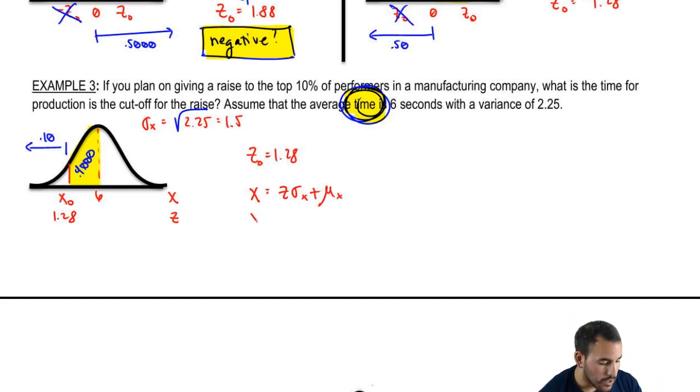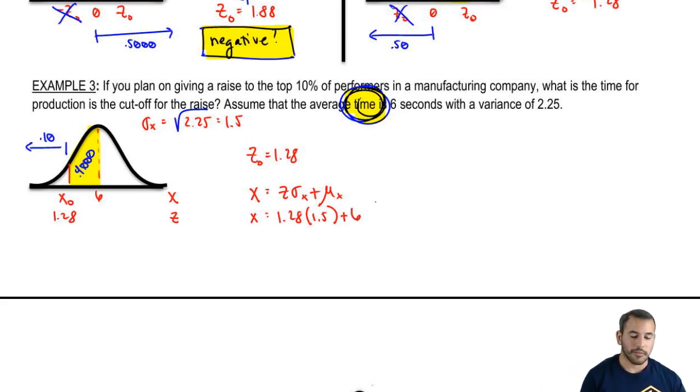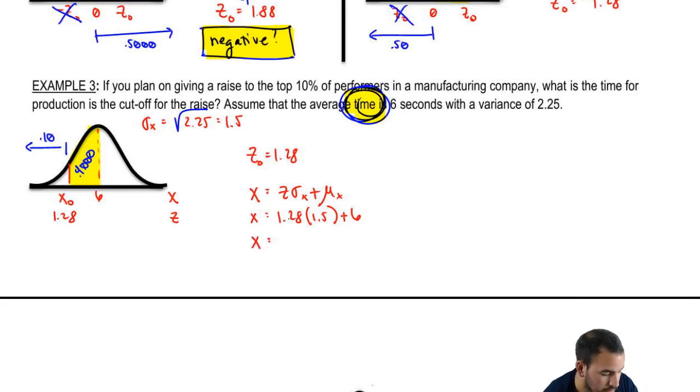So our x is 1.28 times the standard deviation of 1.5 plus the mean of 6. Once we do that math, we should be getting our answer. But this answer is actually above 6. So what we end up getting is 7.92.